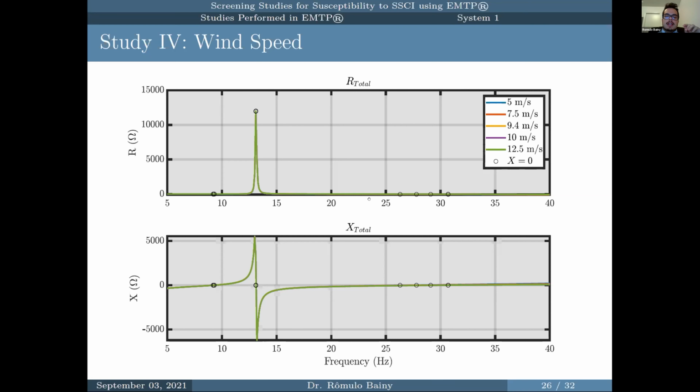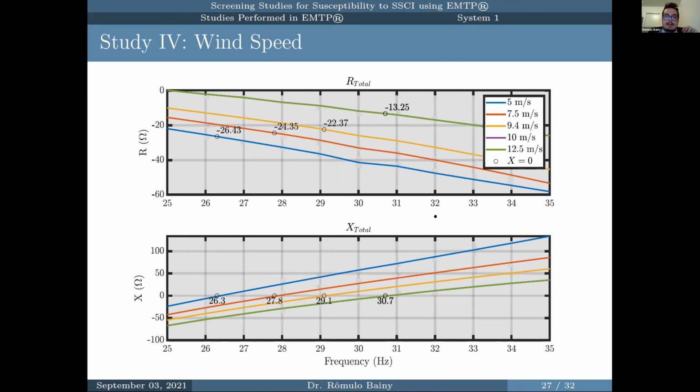We are going to have more deviations, but we need to zoom in again to see these points here, which are the ones where we are going to have the negative damping. And they are again between 25 and 30 hertz, like we would expect. So let's zoom in there and see.